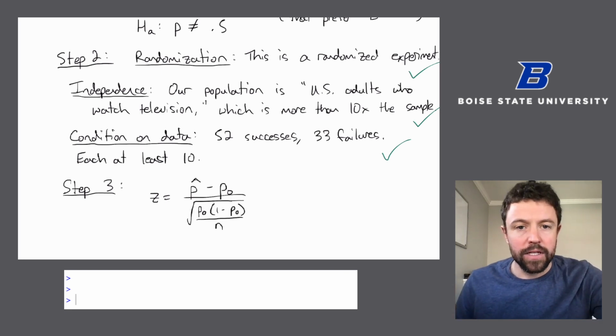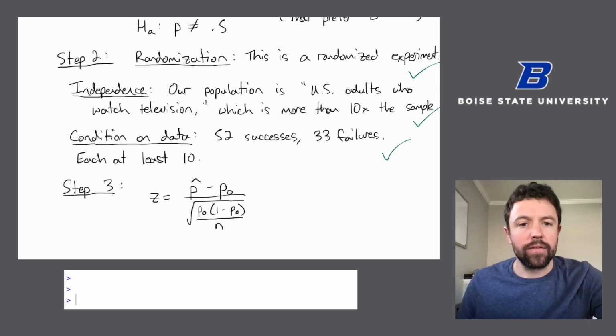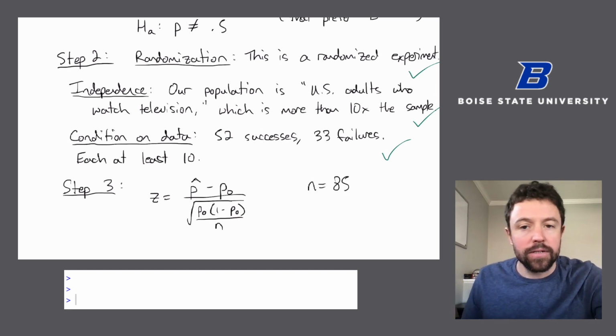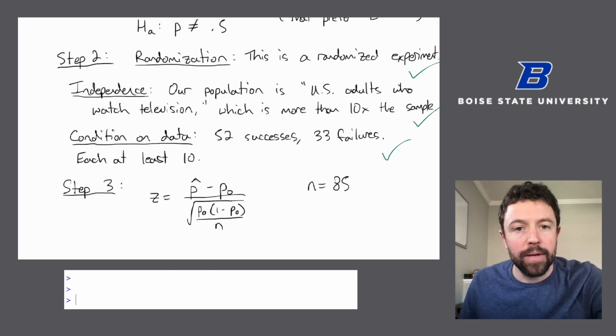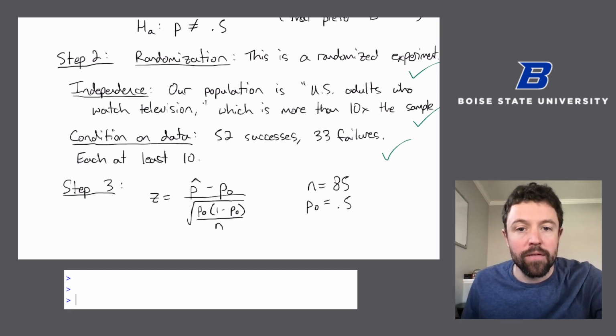So we need all of these numbers. The two numbers that we just have, that we don't have to do any calculations for, well, we know that n is 85. Lowercase n is always the sample size. And p naught, kind of like mu naught, is just the value that appears in our hypotheses. So p naught is 0.5.